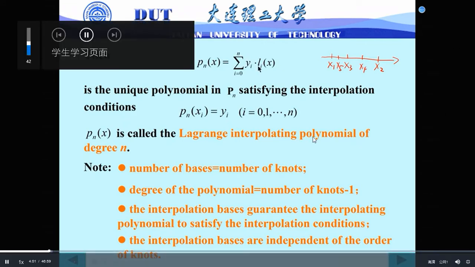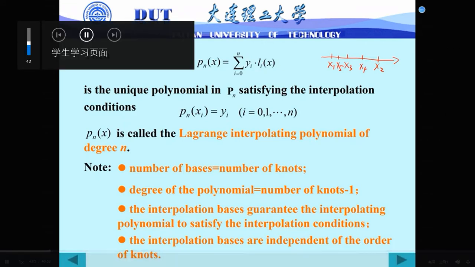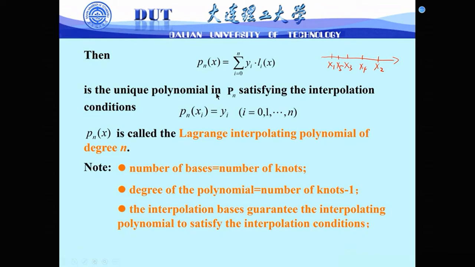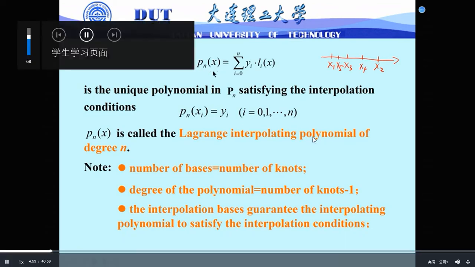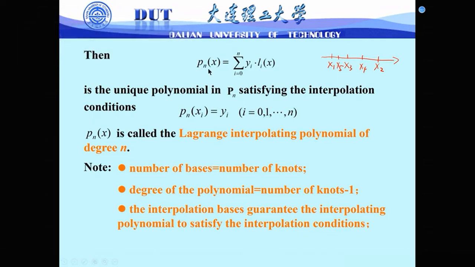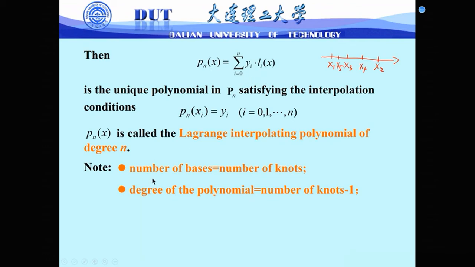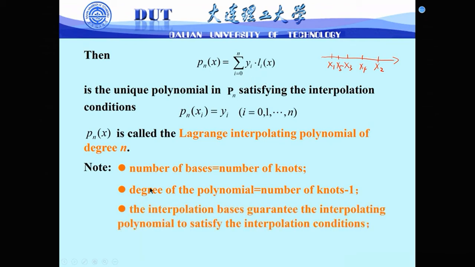So this is the Lagrange method to construct the interpolation polynomial Pn, and we already know the disadvantage: if we add one more node, the basis is totally changed, right?